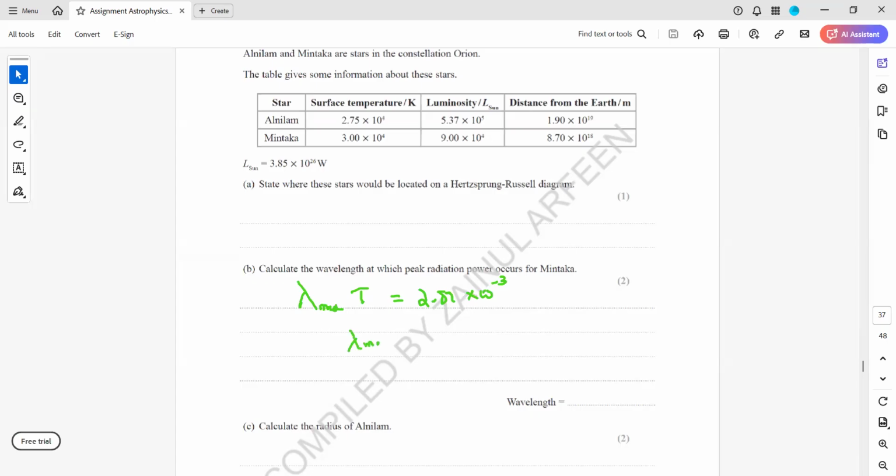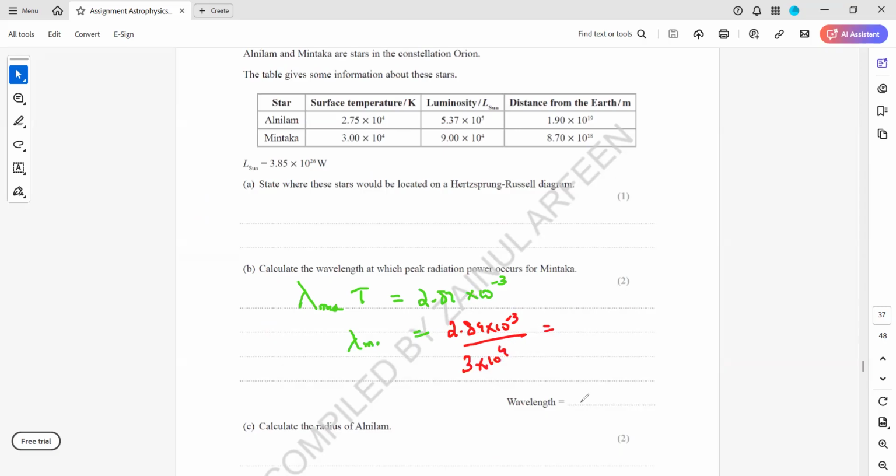So lambda max will be equal to 2.89 times 10 to the power minus 3 divided by the temperature, which in this case, we need for Mintaka, which is 3 exponent 4. So this will be divided by 3 times 10 to the power 4.